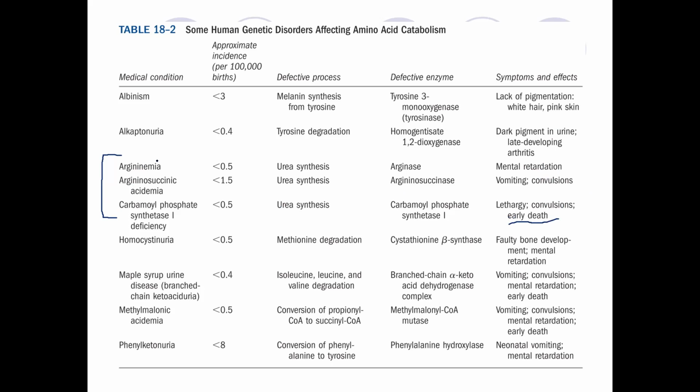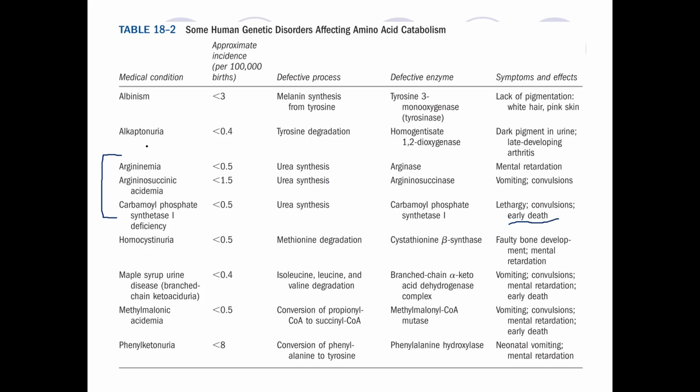So argininemia, argininosuccinic acidemia, carbamyl phosphate synthetase 1 deficiency. All of those are going to affect the urea cycle.